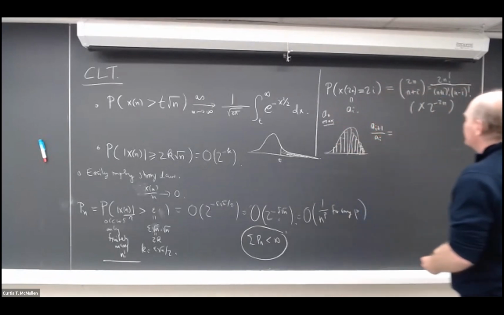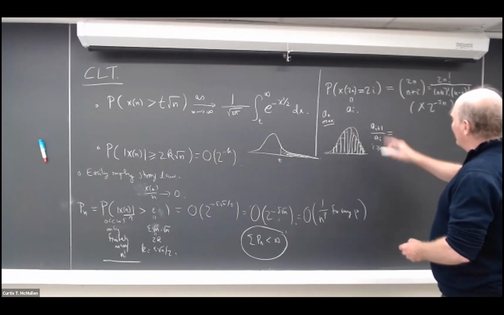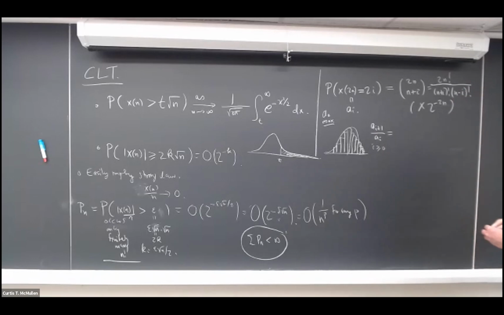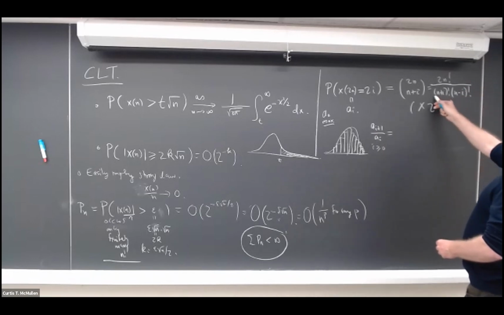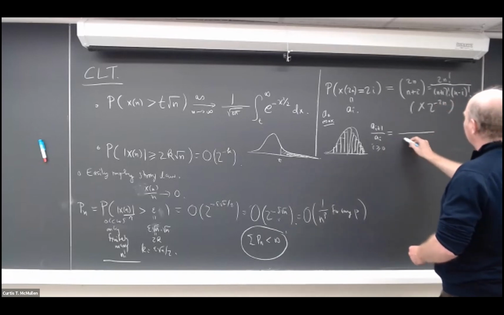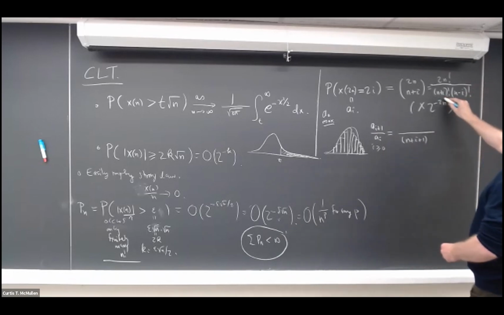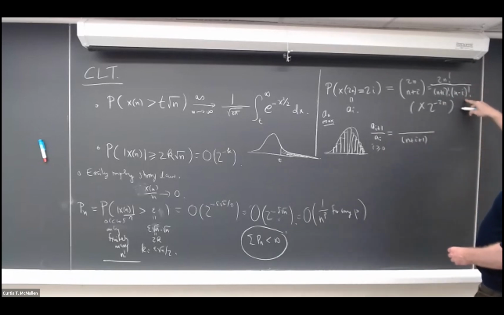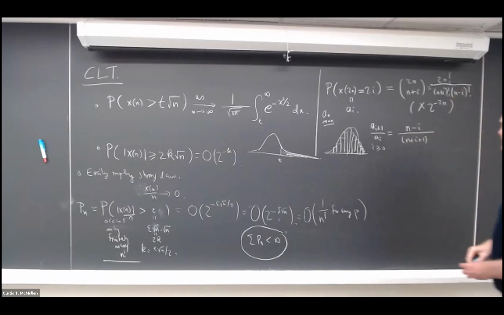Now suppose that i is positive and you increase it by 1. This quantity actually goes down. Why does it go down? It goes down because you need to increase the factorial on the bottom. So you need to add an n plus i plus 1 on the bottom, and then you need to get rid of this n minus i on the bottom, so you multiply by n minus i on the top.